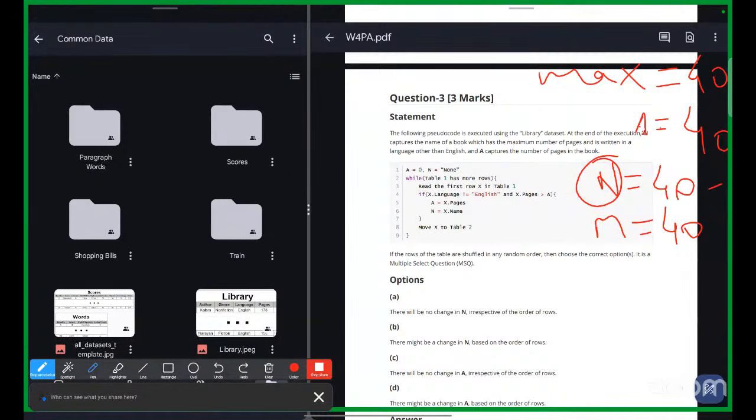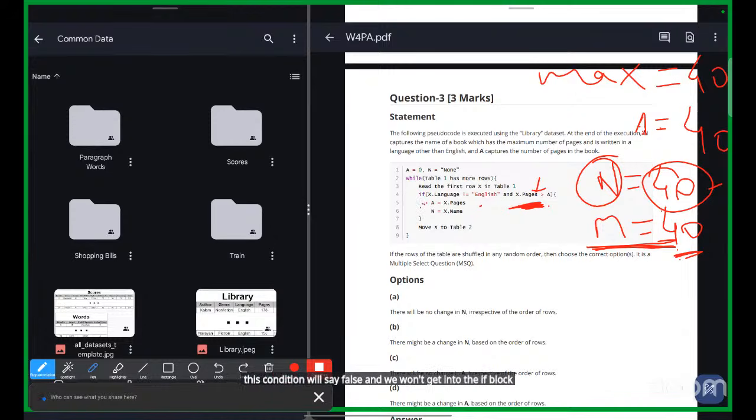Then because of this condition, when we find the other one, since its pages, 40, is not greater than the current value of a, which is 40, we won't get into the if block, and these parts will not get updated again.